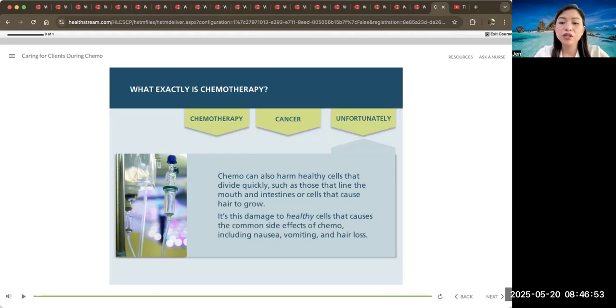Unfortunately, chemo can also harm healthy cells that divide quickly, such as those that line the mouth and intestines, or cells that cause hair to grow. It's this damage to healthy cells that causes the common side effects of chemo, including nausea, vomiting, and hair loss.